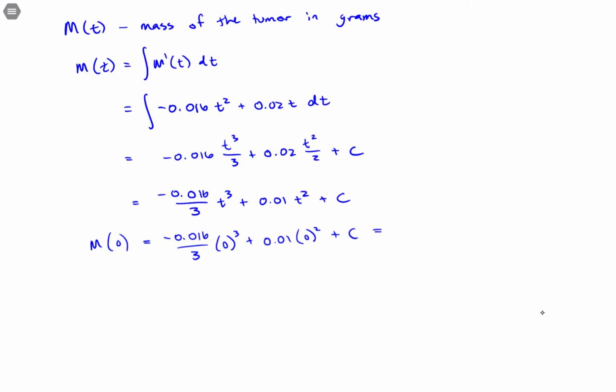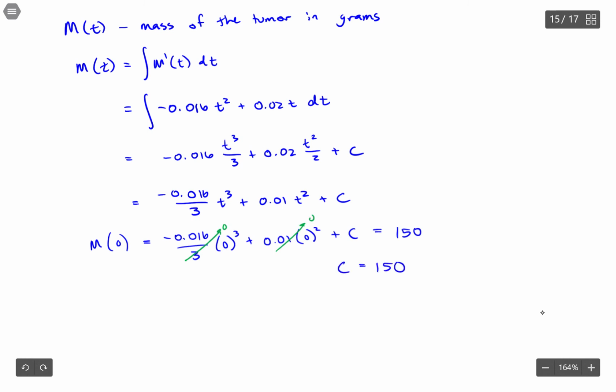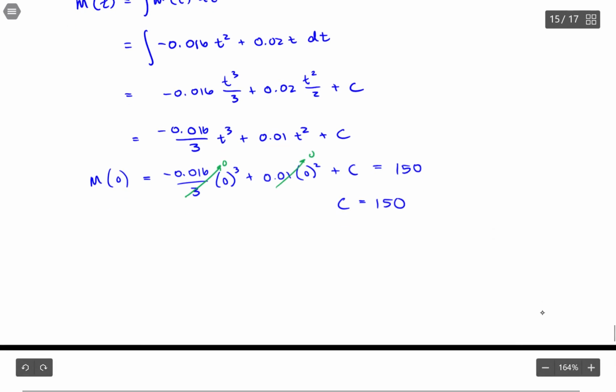That mass at that time 0 is 150. Now in this case, it is going to work out very simply because this right here multiplies to 0, that multiplies to 0, we're left with the initial value c is just 150.